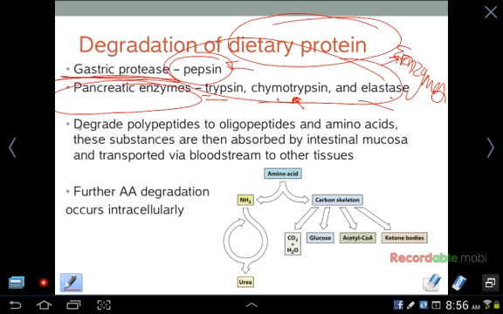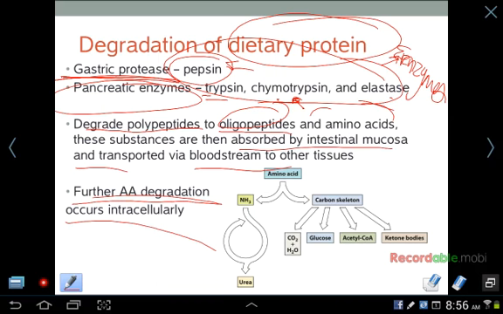Now, we degrade polypeptides first into oligopeptides and then amino acids, and then these oligopeptides and amino acids are absorbed by intestinal mucosa and are transported via the bloodstream to tissues. Further amino acid degradation occurs intracellularly.